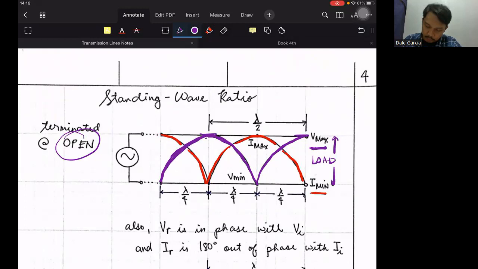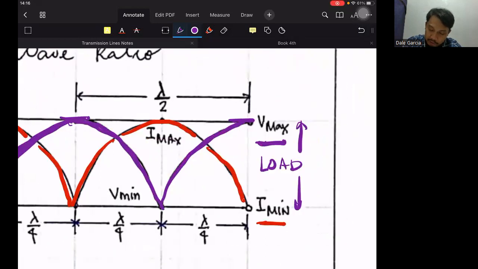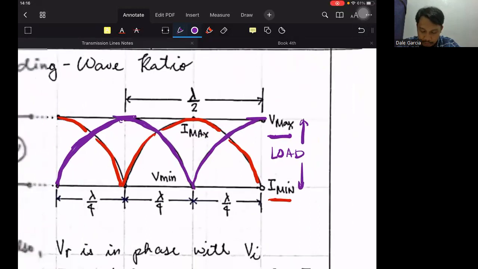And notice also, 1/4 wavelength away from the load is the minimum value for voltage. Right? So at the load itself, we could measure a maximum value for voltage, yet 1/4 wavelength away, we measure a minimum value for voltage. The same goes for the current.